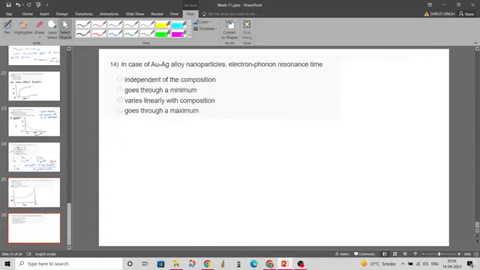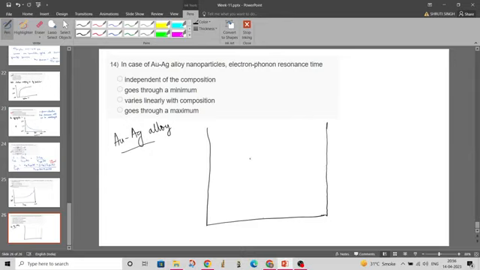Okay, let's move to the last question. In case of Ag and Au alloy nanoparticle, the electron-phonon resonance time is independent of the composition, goes through a minimum, varies linearly with composition, or goes through a maximum. So for Ag-Au alloy, the electron-phonon resonance graph with respect to composition looks like this.